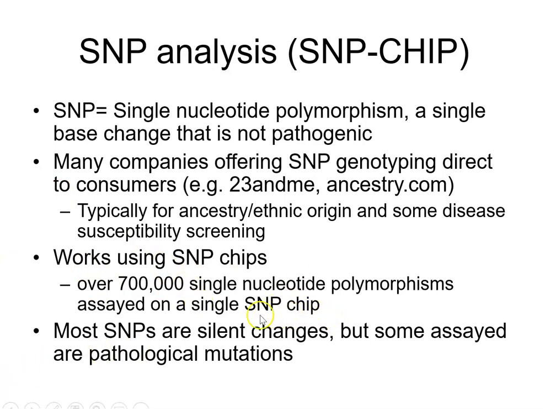A SNP chip is a glass slide impregnated with oligonucleotides which capture DNA and interrogate the genotype at each individual place. Now, most SNPs are silent changes. They don't really bear any resemblance to any pathology at all. A lot of them are non-coding, but some of the ones that can be assayed are pathological mutations.